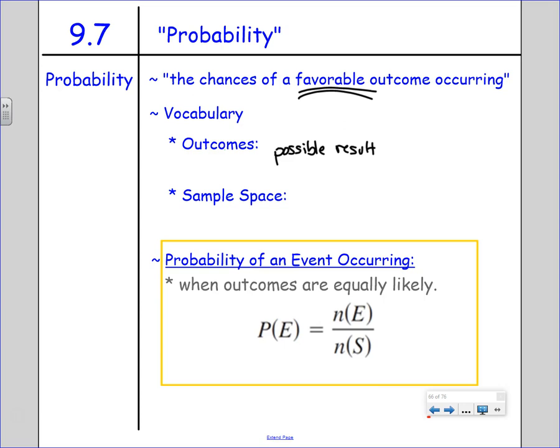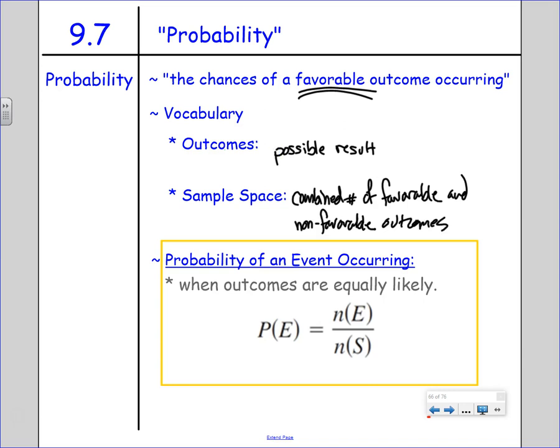Sample space is the combination of the favorable. Am I spelling that right? That was an O. Favorable. You could think of the combined number of favorable and non-favorable outcomes.